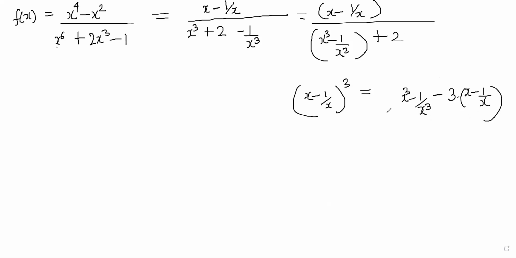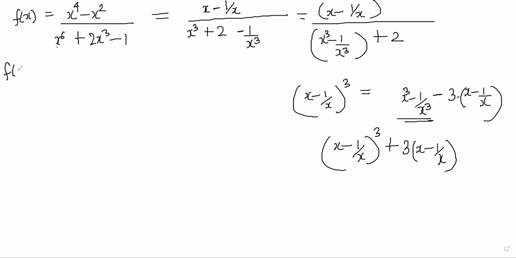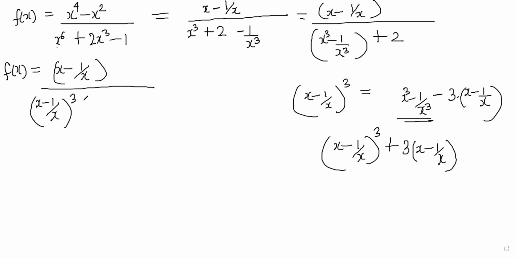Therefore, this part can be written as x minus 1 by x whole cube plus 3 times x minus 1 by x, plus 2. So f(x) is equal to x minus 1 by x divided by x minus 1 by x whole cube plus 3 times x minus 1 by x plus 2.